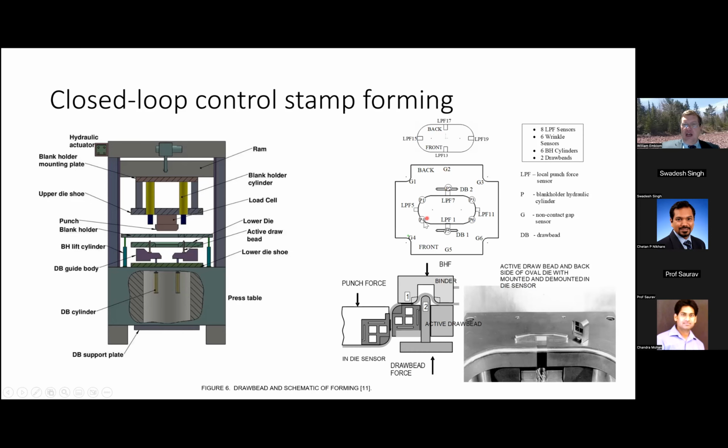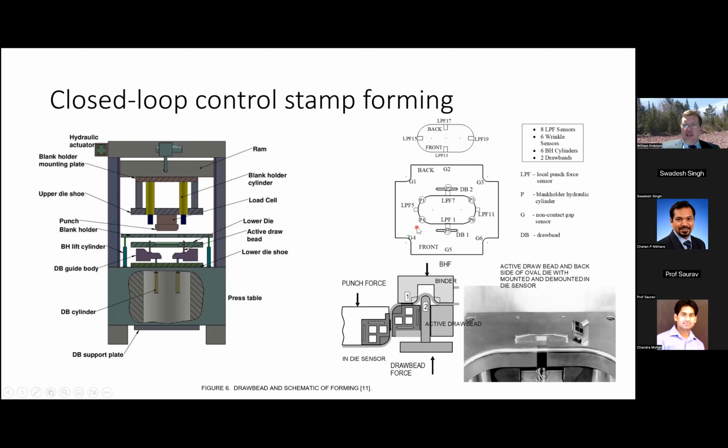We also had the hydraulic cylinders for the blank holder force. They're numbered P1 through P6 here. Those were located based upon an optimization study for minimizing wrinkling while at the same time minimizing the variation in strains, and also our active draw beads that could go up and down.